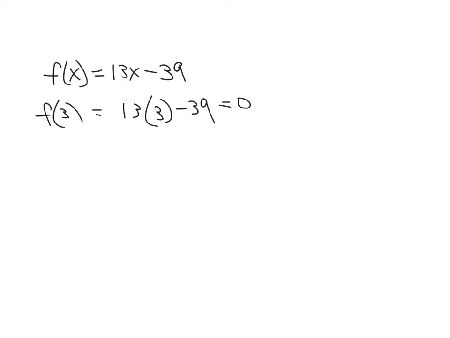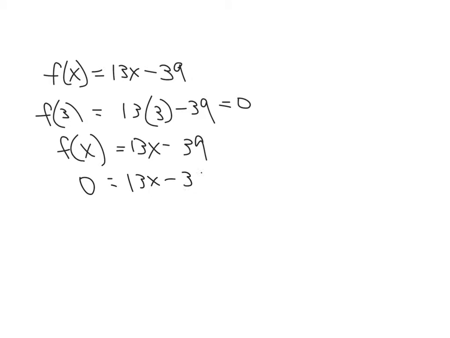The B part says find the 0 of f of x equals 13x minus 39. Okay, so the 0 of this is what number can I put in here for x that's going to make this value 0? Because remember, that's my y. So 0 equals 13x minus 39.